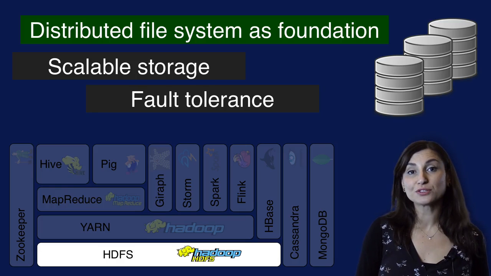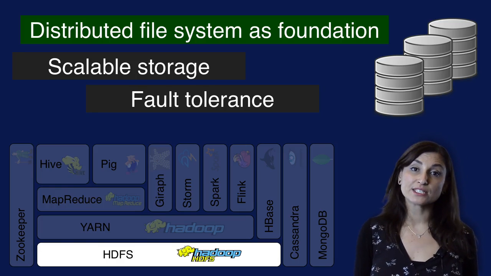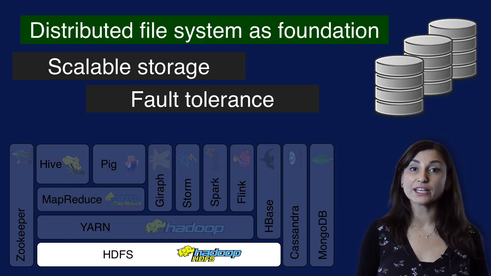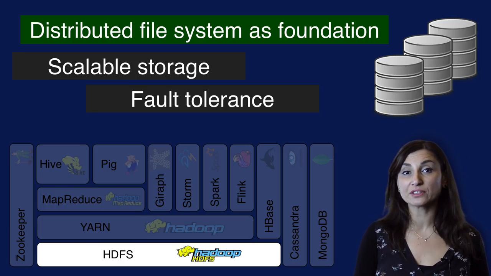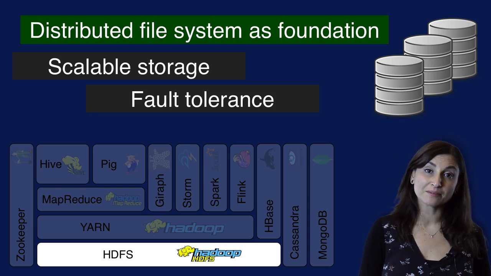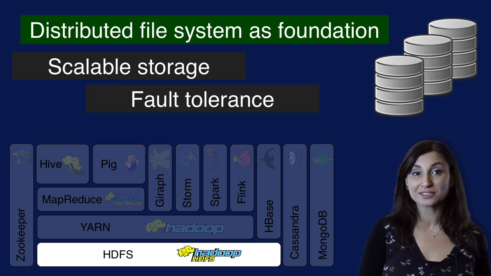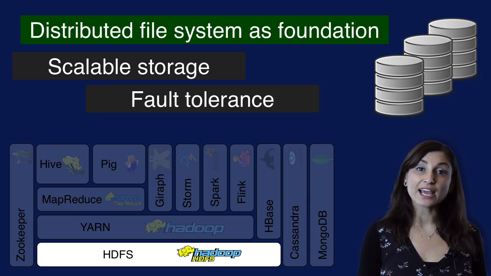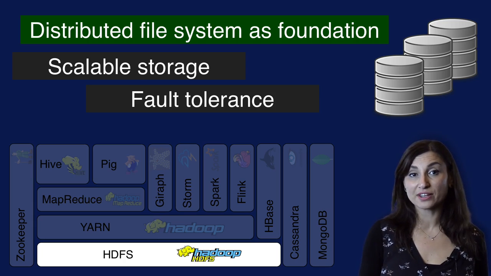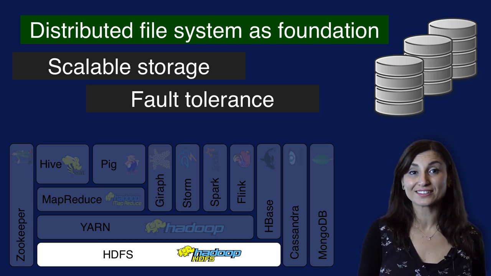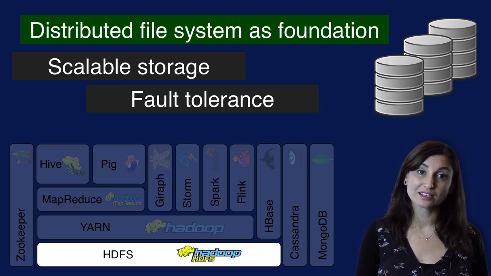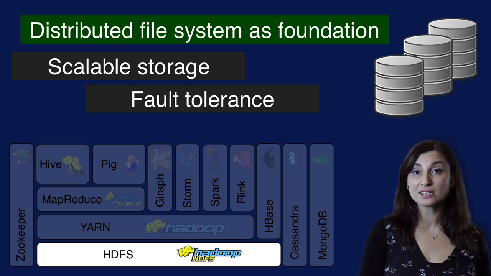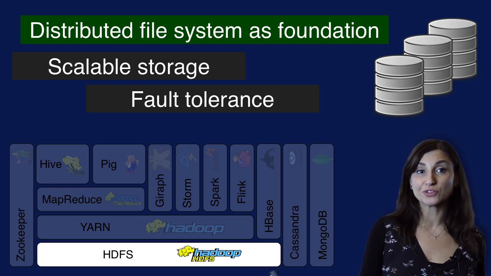The Hadoop Distributed File System, or HDFS, is the foundation for many big data frameworks since it provides scalable and reliable storage. As the size of your data increases, you can add commodity hardware to HDFS to increase storage capacity. So it enables scaling out of your resources.